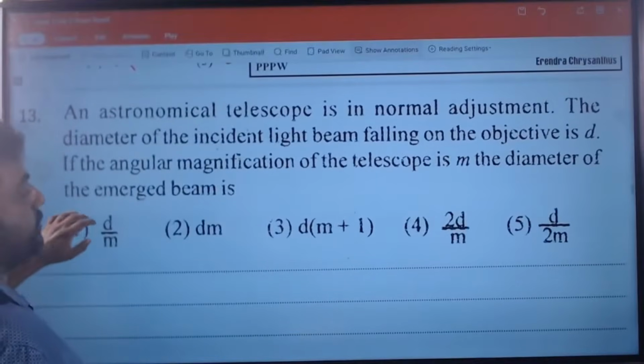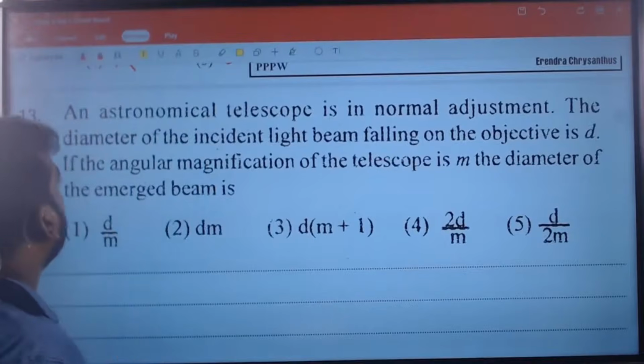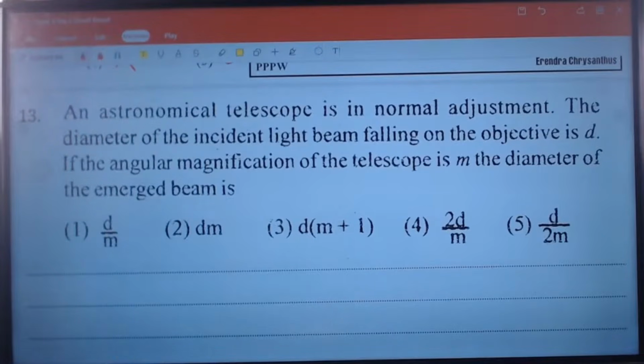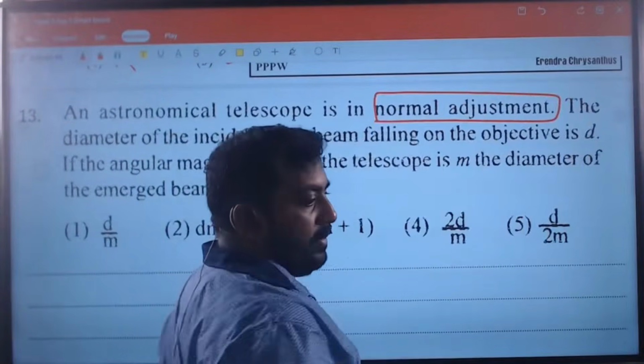Moving on. An astronomical telescope is in normal adjustment. What do you mean by normal adjustment?